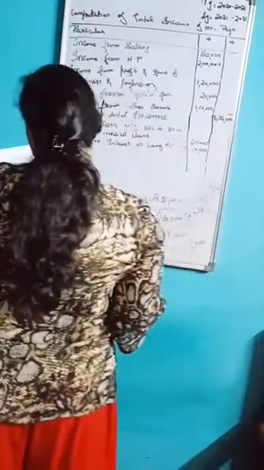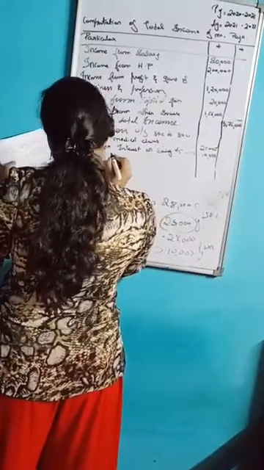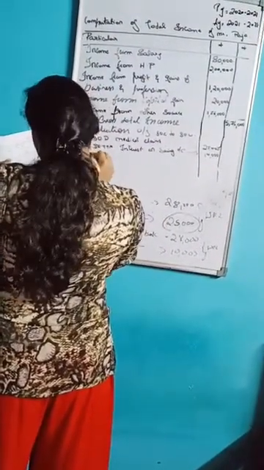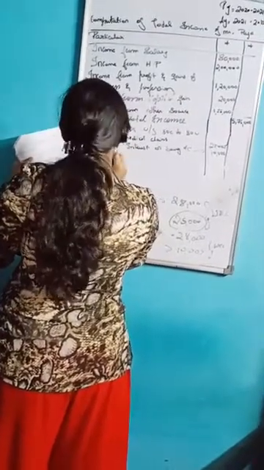Next one is 80G, that is donations to approved institutions.